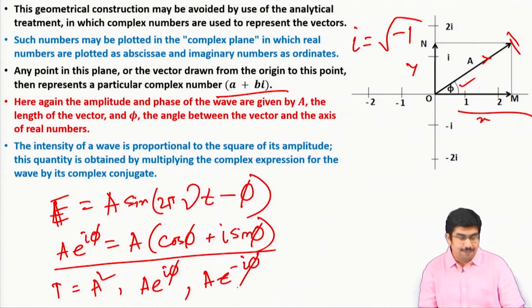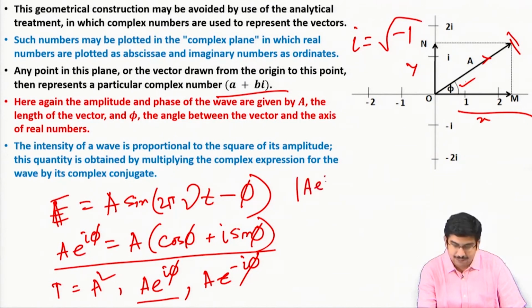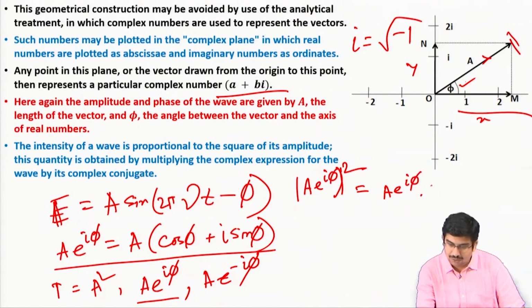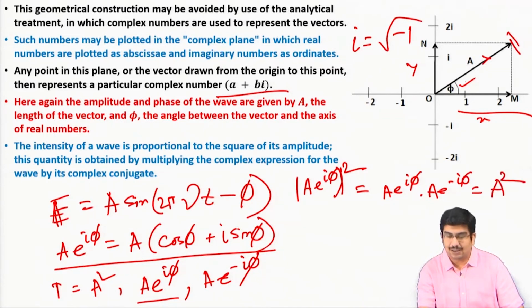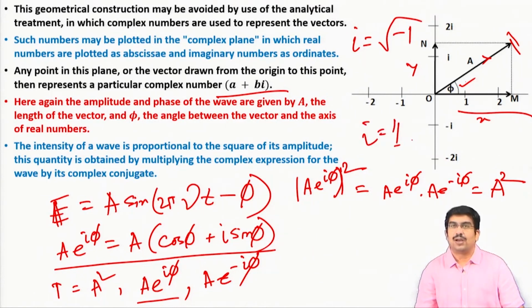So, this is the complex conjugate of this wave, and if I multiply these two, that means I can write A e i phi, just the modulus of it, meaning the absolute value of it, into A e minus i phi, and this equals A square, because i square, we know i square equals minus 1.